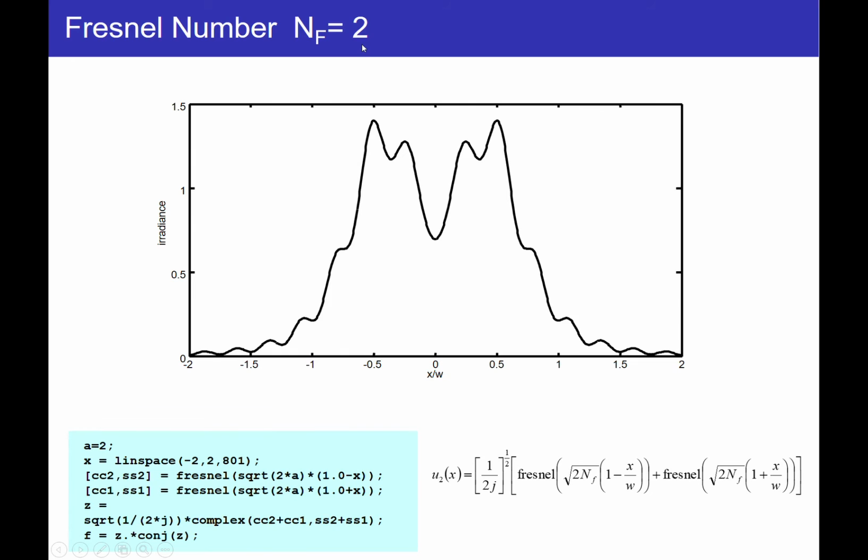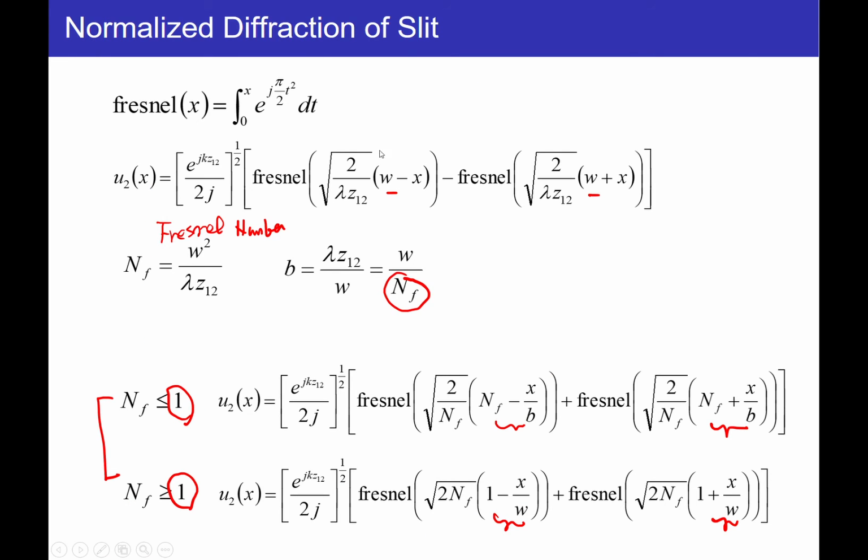Remember that NF equal to 1 is the criterion which flips the expressions. Okay, this is for the near field, and this is for the far field, and this is for the near field.